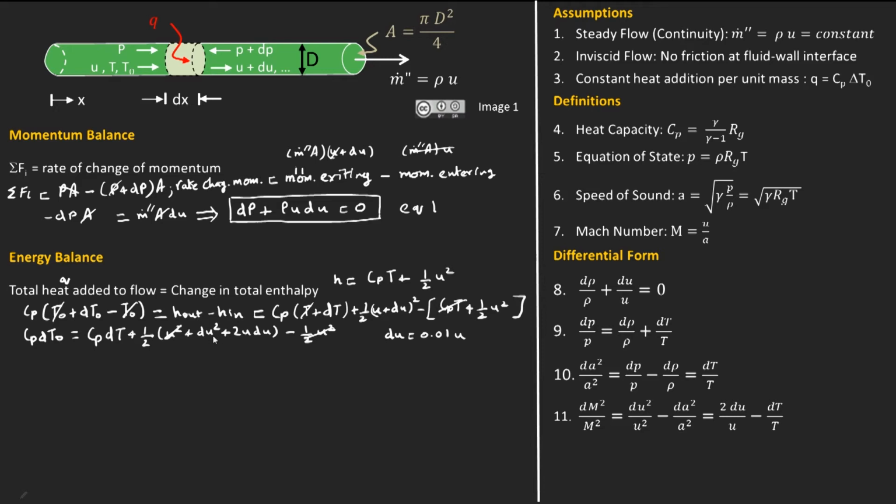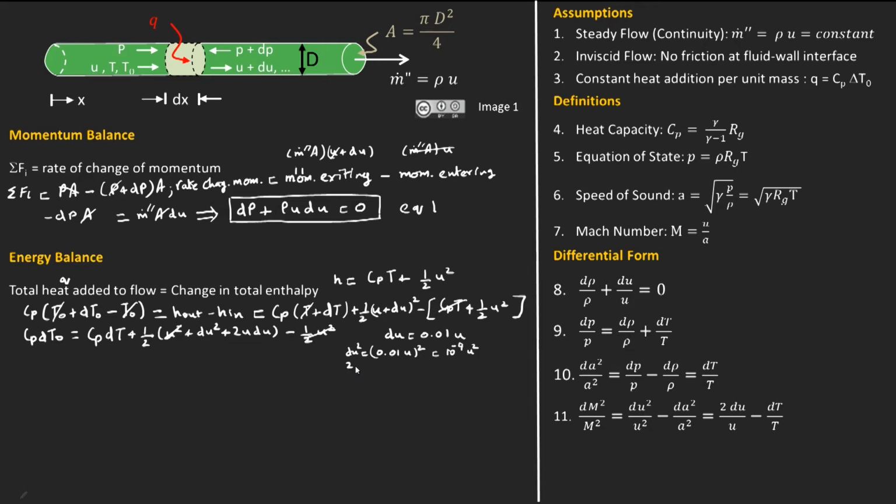Let me write out what this means in terms of the value of du square. Du square will therefore be 0.01 times u the whole square, and this will come out to be 10 to the power minus 4 times u square.